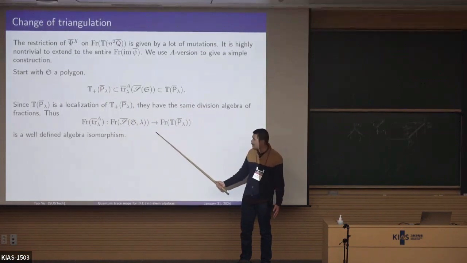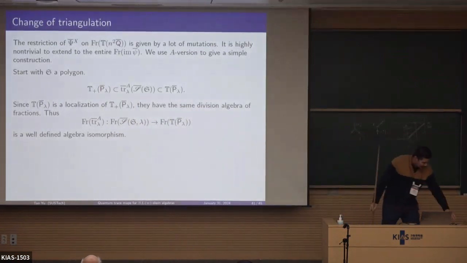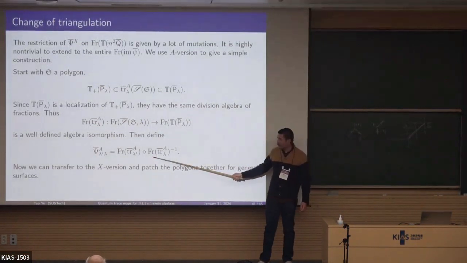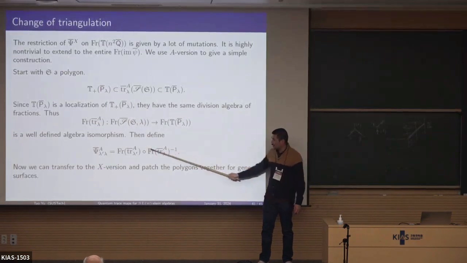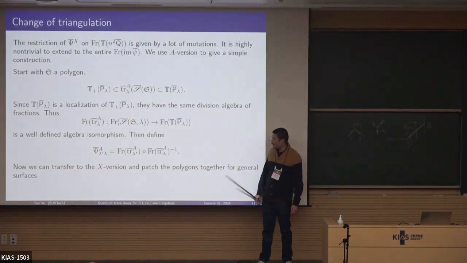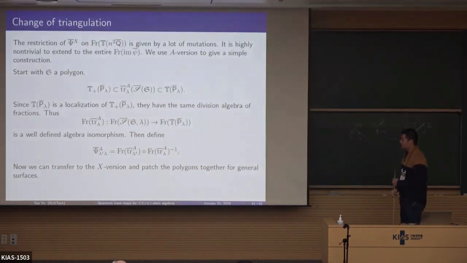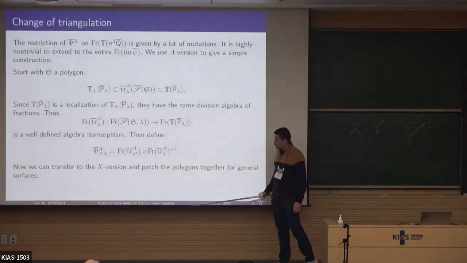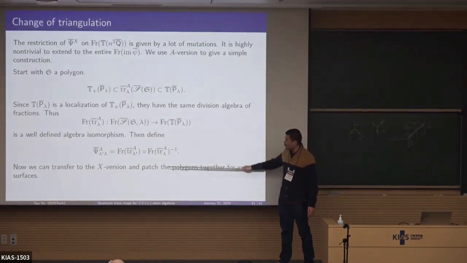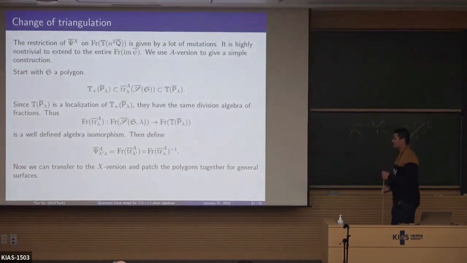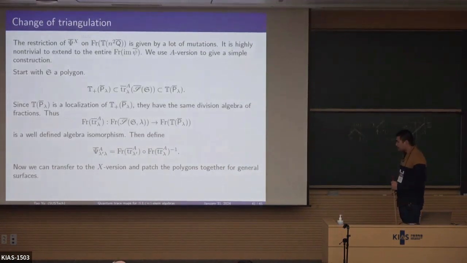So you automatically get this map. And because this is an isomorphism, to get some transition map that commutes with the quantum trace map, you simply invert this and apply this on this end. So without any work, we get the coordinate change map for the quantum trace map. And of course, the two versions of the quantum trace map are also isomorphic to each other. So once we get this version of coordinate change, we just define it on the Fock-Goncharov algebra by transfer. Okay, I think I'll stop here.